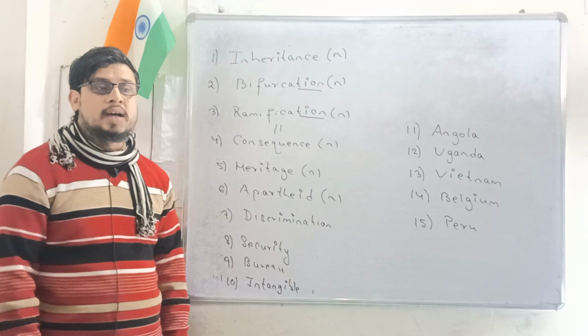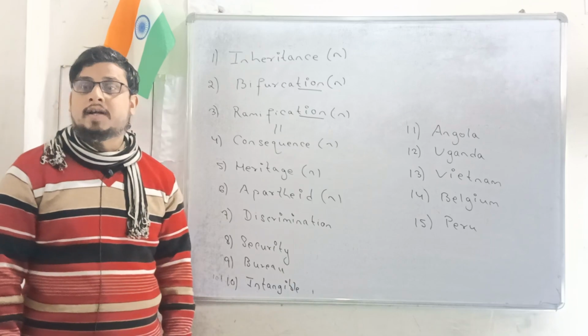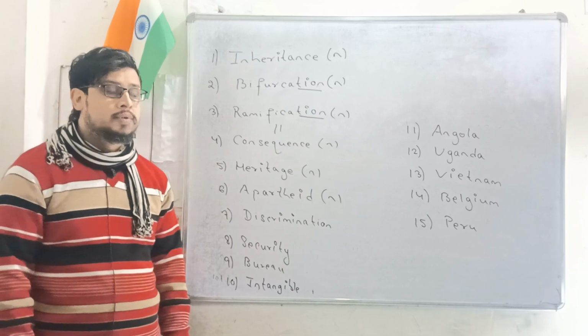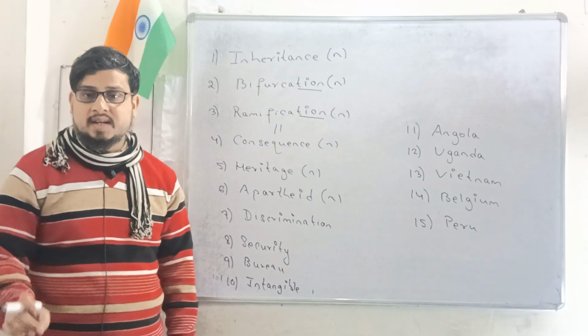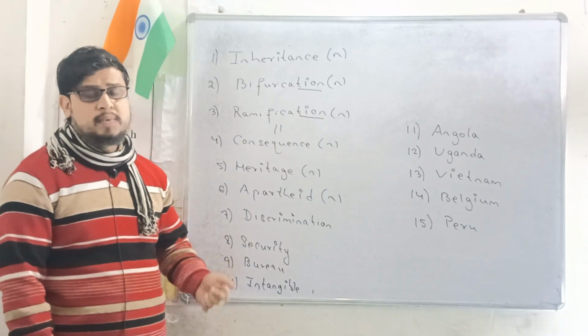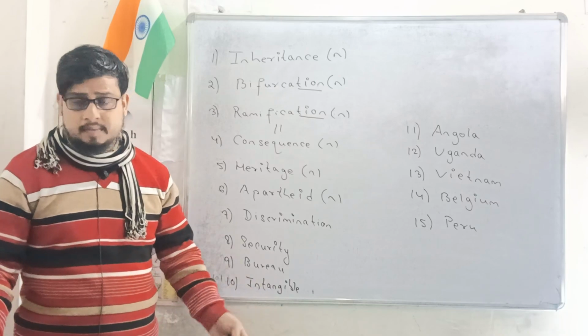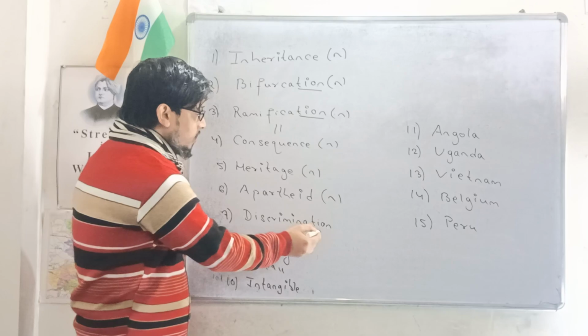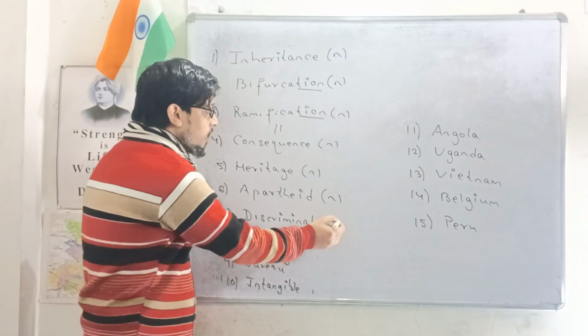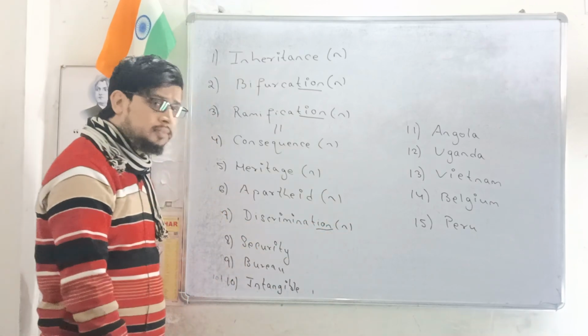So there must not be any kind of discrimination on the basis of various parameters. If you talk about our constitution, there is a clear provision that there must not be any discrimination on the basis of race, caste, sex, place of birth. Since this word carries the suffix, it becomes a noun.